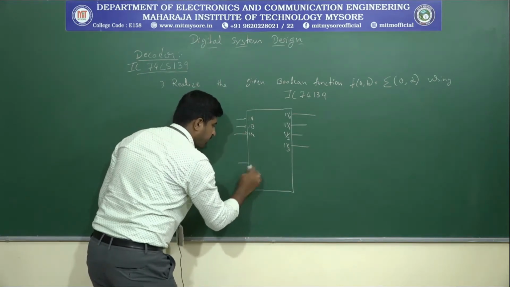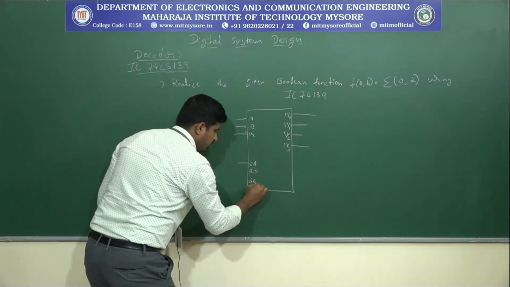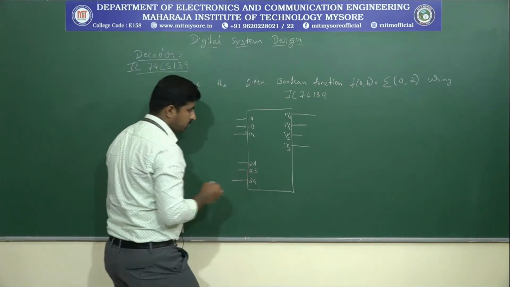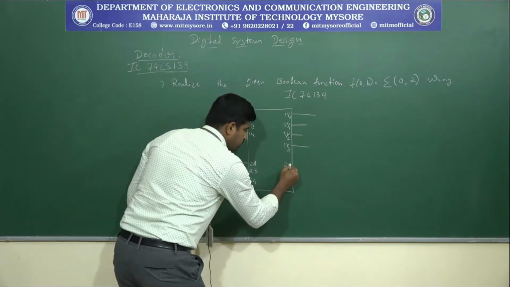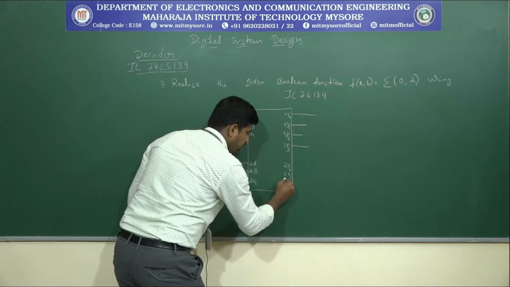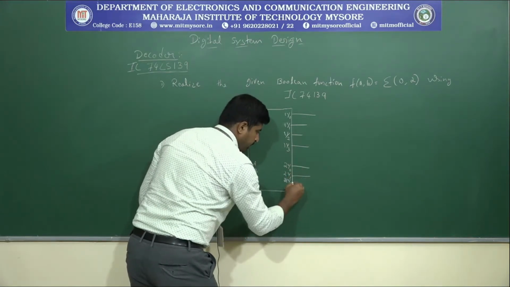Anyway, we are going to write 2A, 2B and 2G. Again an active low input pin, 2Y0, 2Y1, 2Y2 and 2Y3.